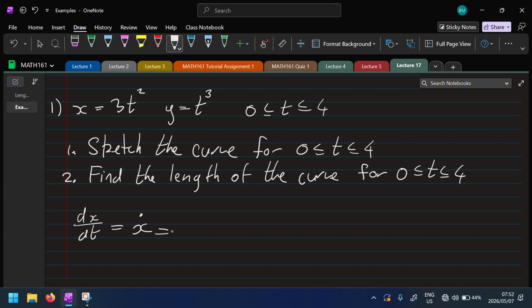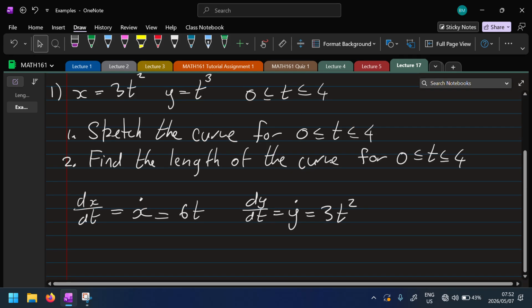Okay. So this is going to be equal to the derivative of x. So that will just be 6t. Okay. And then dy by dt. We can also write as y dot. You might see it like that. This is going to be 3t squared. Okay.